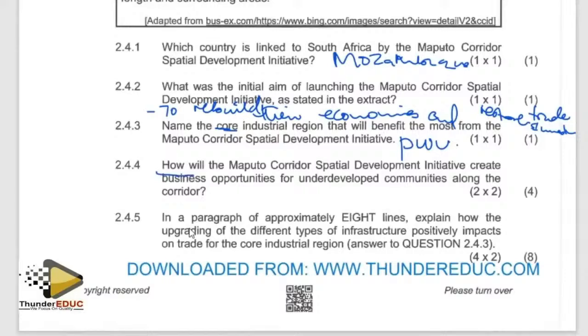It will attract investors, because there are well-developed roads in terms of infrastructure, and if investors come in, they will help to develop the underdeveloped communities to their potential. So, attract investors to come to the region or the countries. That is one. Then it will also help to improve infrastructural development.